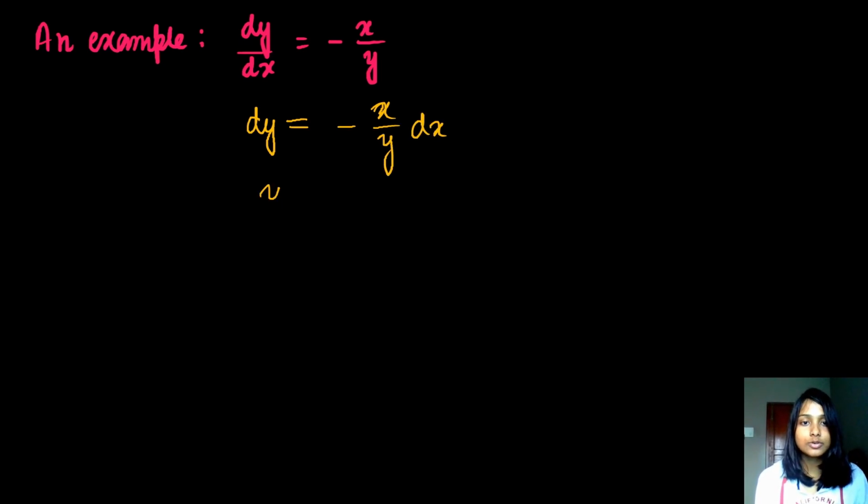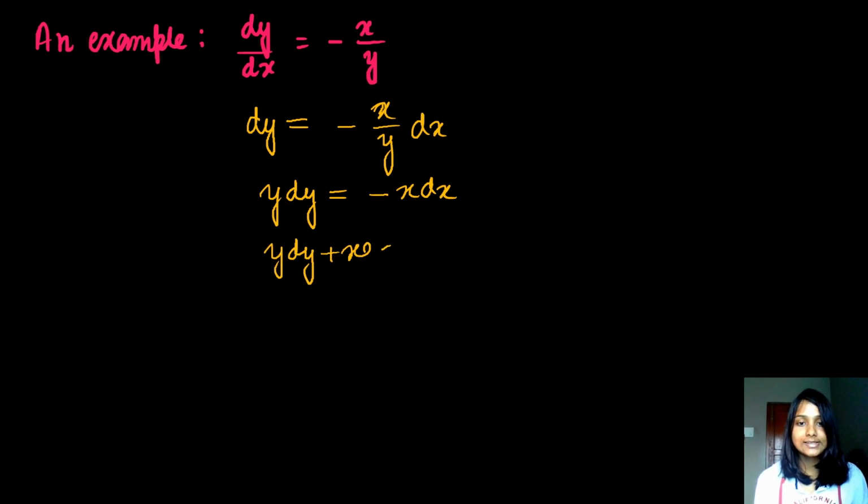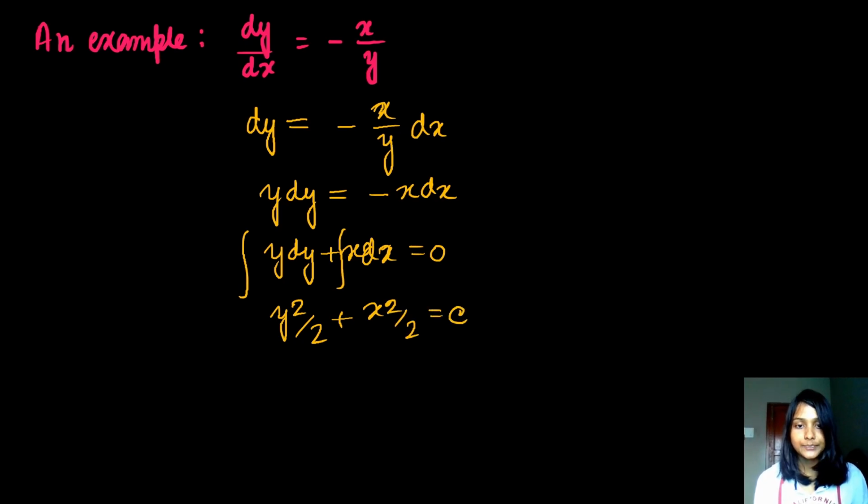Therefore, we can write it like this: y dy equals minus x dx, and by rearranging, y dy plus x dx equals 0. Next, we can integrate this equation. We will obtain y square by 2 plus x square by 2 equals c.